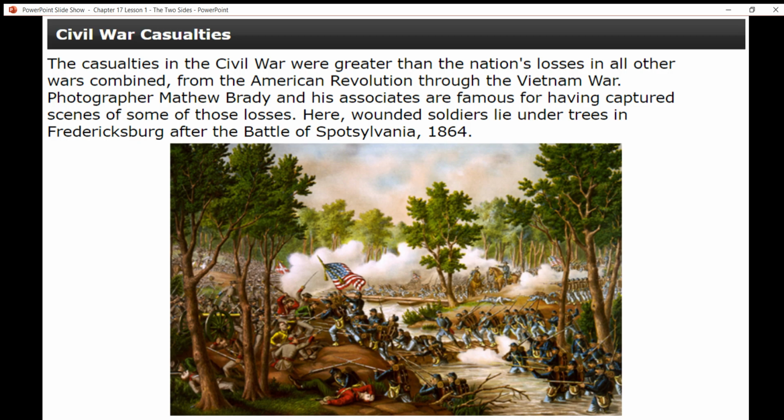Photographer Matthew Brady and his associates are famous for having captured scenes of some of those losses. Here, wounded soldiers lie under trees in Fredericksburg after the Battle of Spotsylvania in 1864. And you can see again some of those men lying there in several areas around the picture.